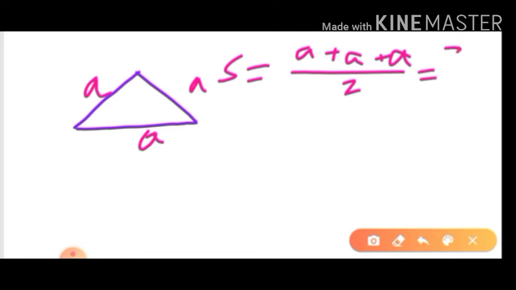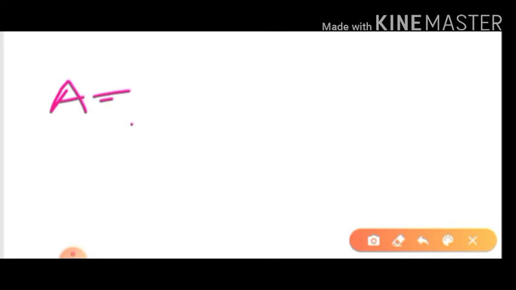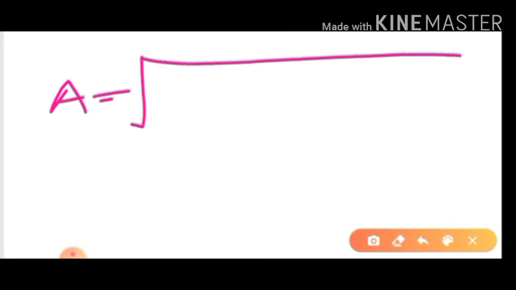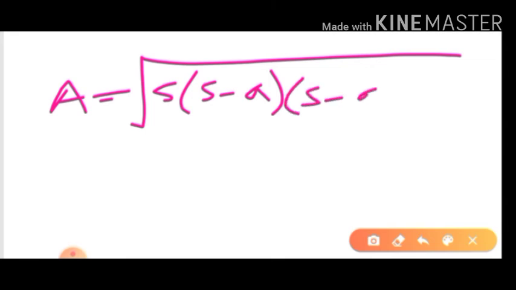So s is 3a by 2. Now you need to find the area. The area of the equilateral triangle will be the square root of s into s minus a, then s minus a, and again s minus a.